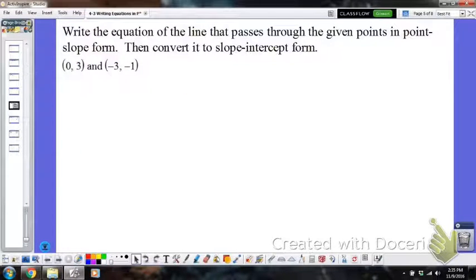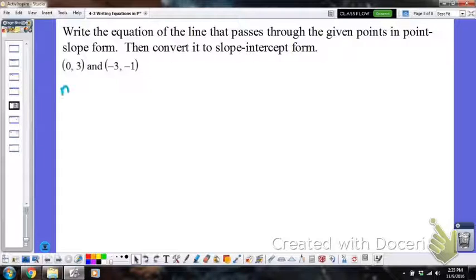So right now, let's write the equation of a line that passes through the given points in point slope form. And then we're going to take that and convert it into slope intercept form. So I have the points 0, 3 and -3, -1. The first thing I need to do, regardless of what equation I'm going to use, is find my slope. So I'll find the slope of the line between those 2 points.